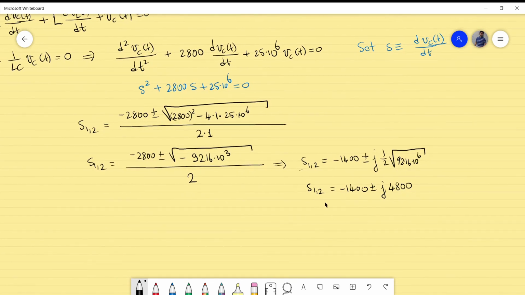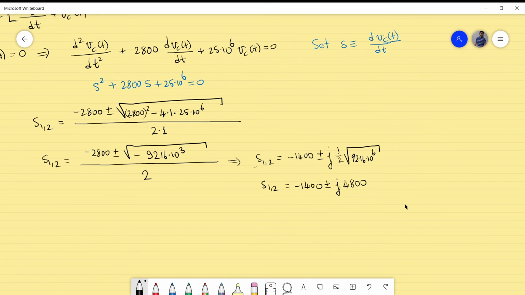What you see is you have those two roots or two poles which are complex. We have a real part and an imaginary part. So I can already say one of the roots, S1, will be minus 1400 plus j 4800, and the other one, S2, will be again minus 1400 minus j 4800.